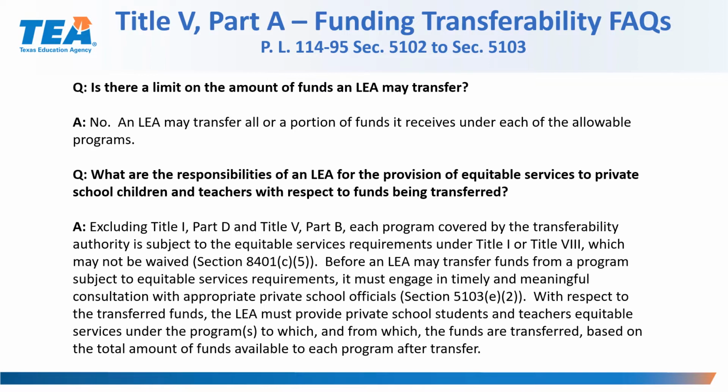Before an LEA may transfer funds from a program subject to equitable services requirements, it must engage in timely and meaningful consultation with appropriate private school officials. With respect to the transferred funds, the LEA must provide private school students and teachers equitable services under the program or programs to which and from which the funds are transferred, based on the total amount of funds available to each program after transfer.